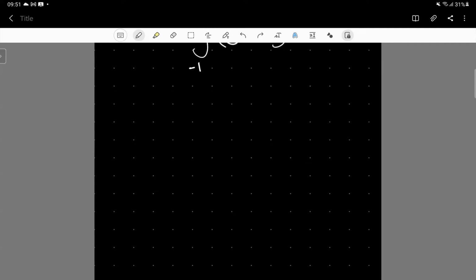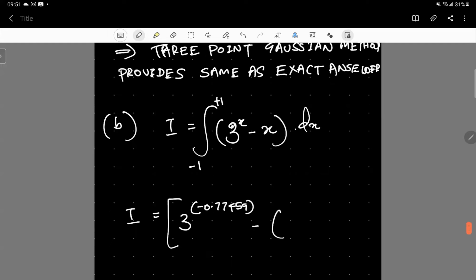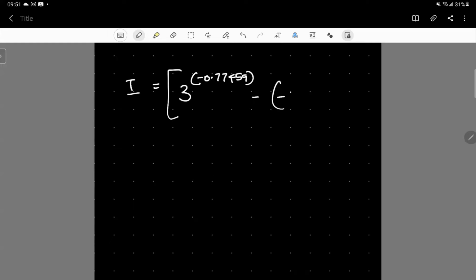I will skip some steps. I can directly write down the integral here. First, we need to substitute the x1 value, which is minus 0.77459: 3 to the power minus 0.77459, minus minus 0.77459, which has to be multiplied by the w1 value, which is 5/9.